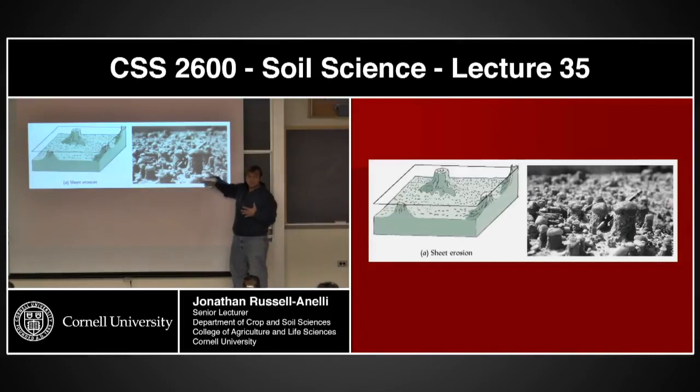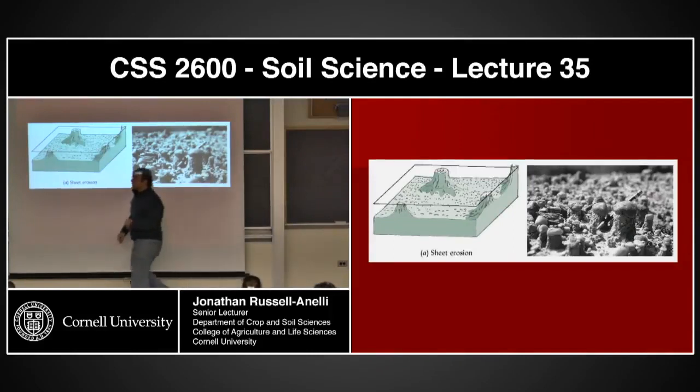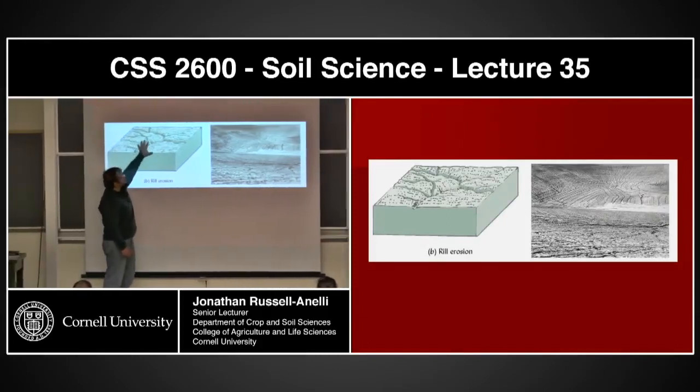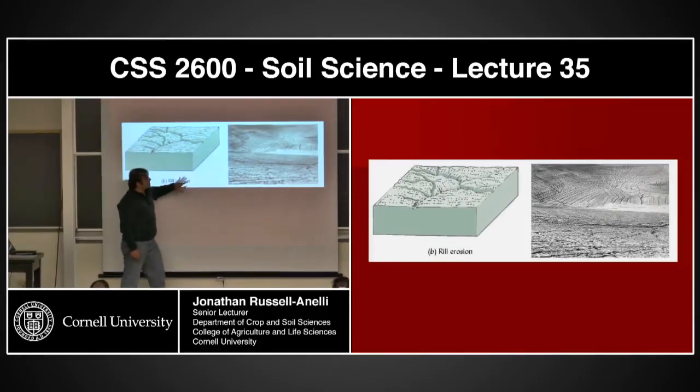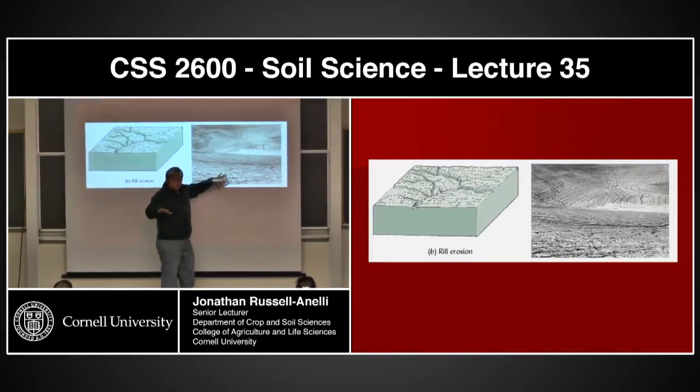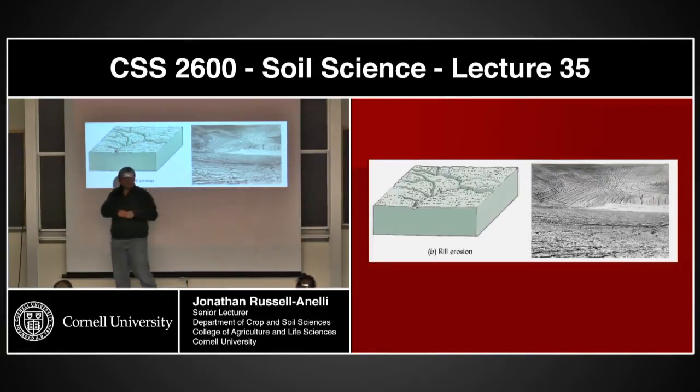Now, when the flow gets a little bit stronger, these pebbles are going to get knocked off too, and they won't stabilize this pillar anymore. That's when you start seeing the convergence of these sheets into smaller channels. And this is when you start seeing sort of the dendritic structure of a stream. Okay, this is rill erosion. See all these lines, concentration of the sheet erosion into a single line, creating an erosion channel.